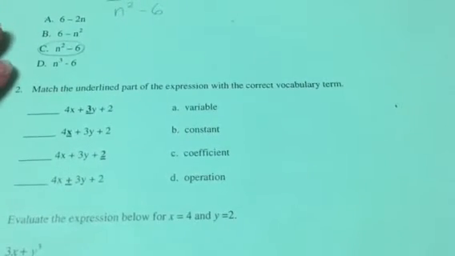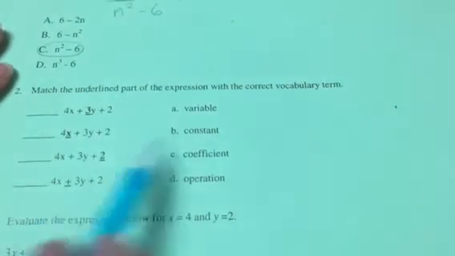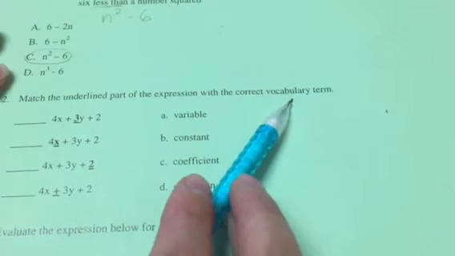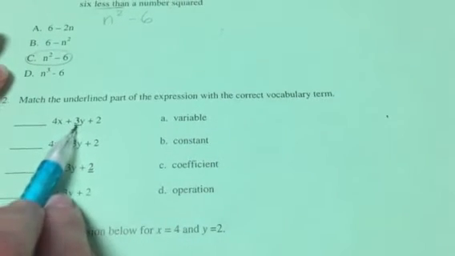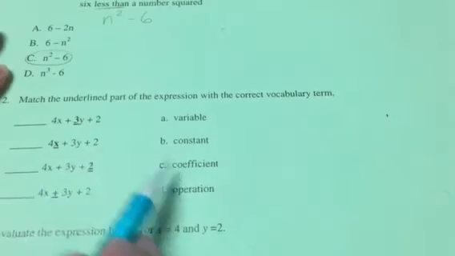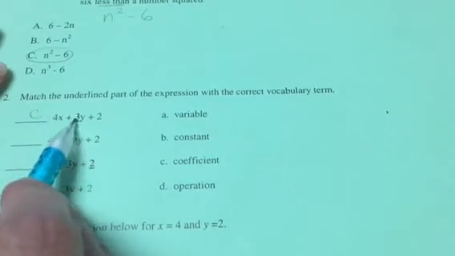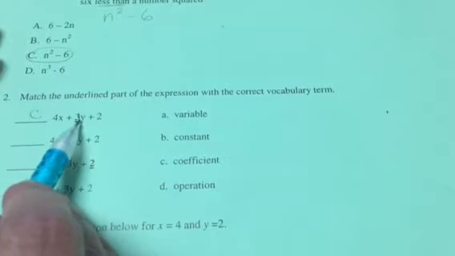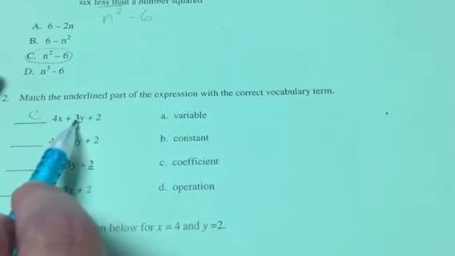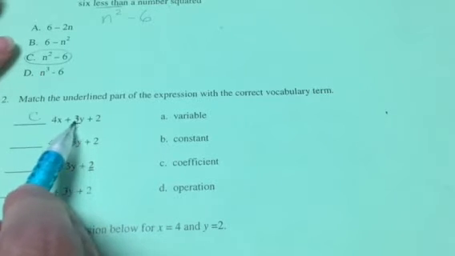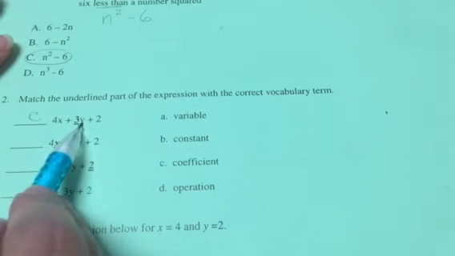Number 2, you had to match the underlined parts of the expression with the correct vocabulary term. The 3 that's with the variable is considered C, the coefficient. Remember we said co means like with something, like Miss Flood and I are co-workers, we work together. So this is with the variable.